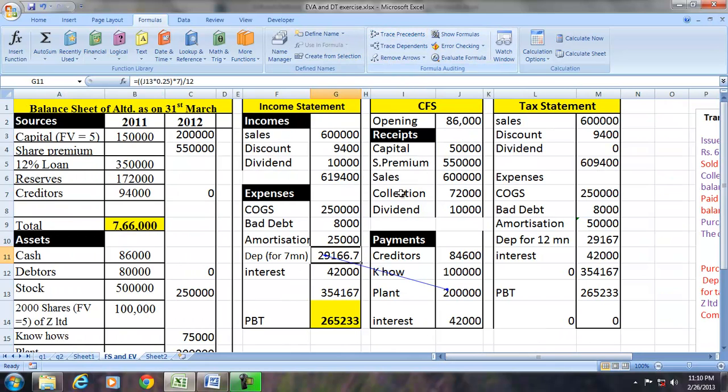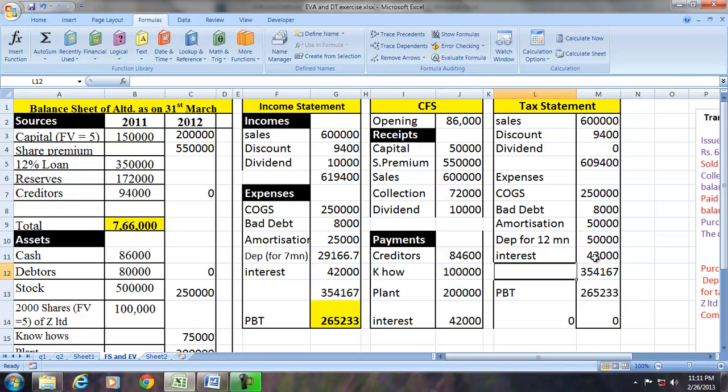So 25% on the plant, 0.25, so is 50,000. So depreciation for accounting is not same as depreciation for taxation. Amortization for accounting is not same as amortization for taxation.